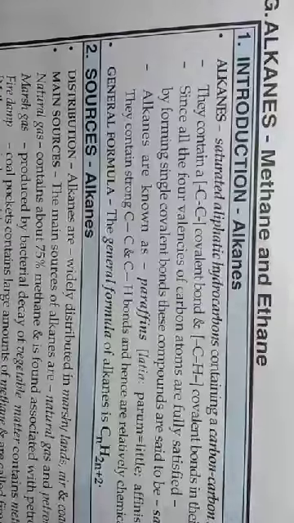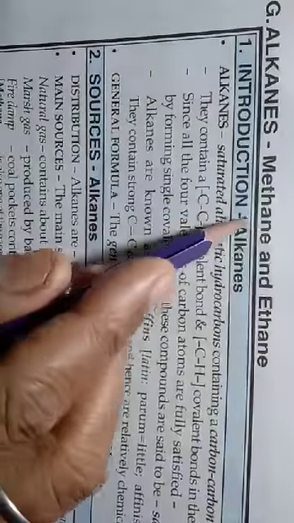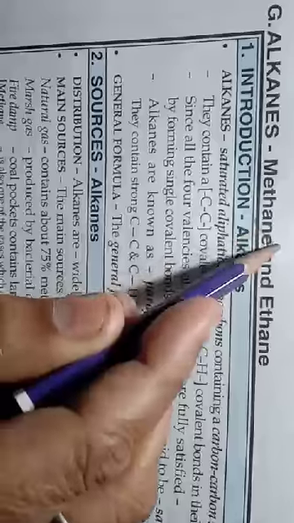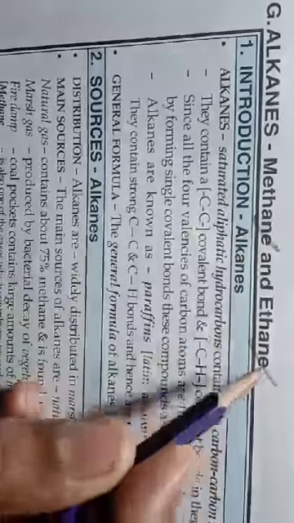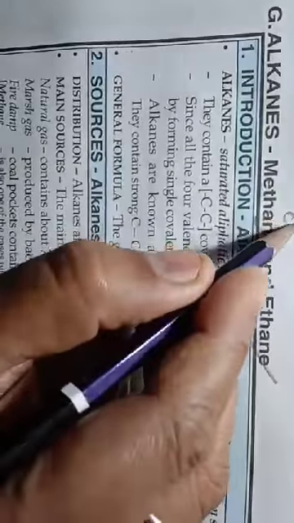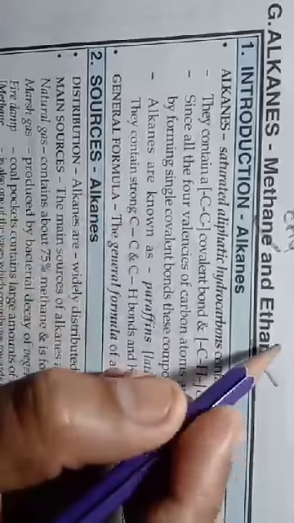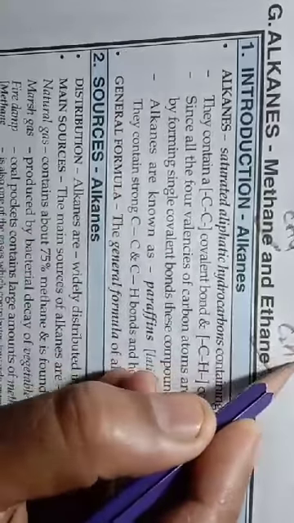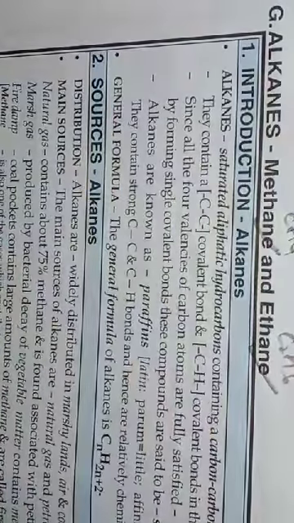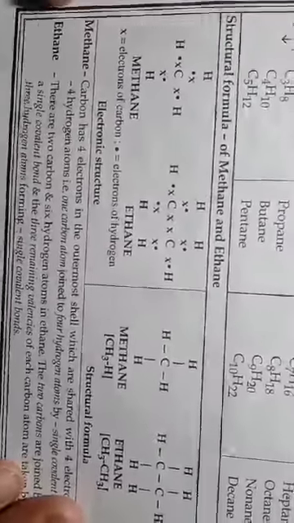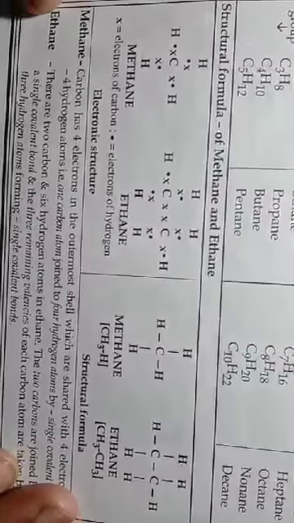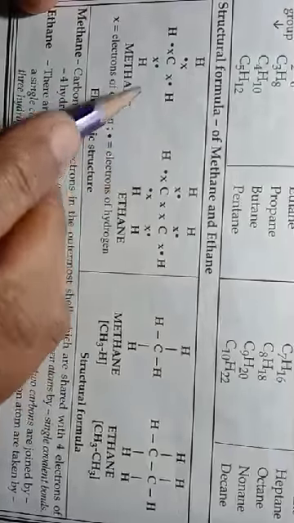Introduction to alkanes. In alkanes you have two different alkanes in your syllabus, methane and ethane. The molecular formula of methane is CH4 and of ethane is C2H6. Okay students, this is the electron dot structure of methane and ethane.